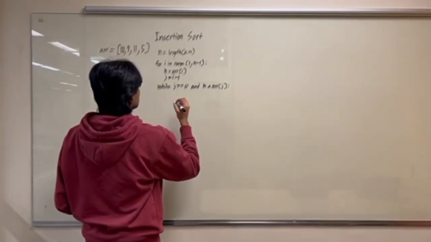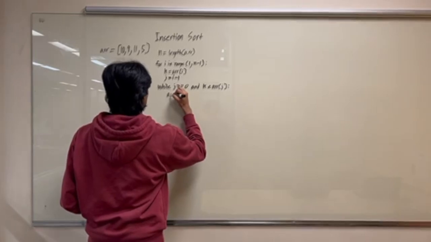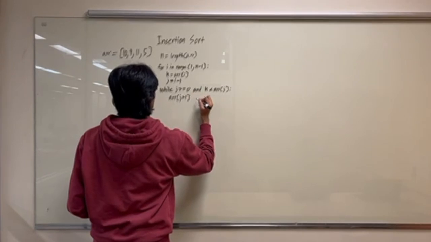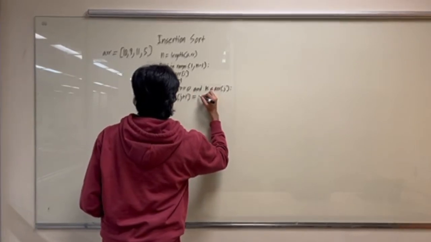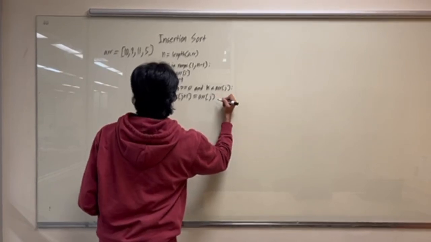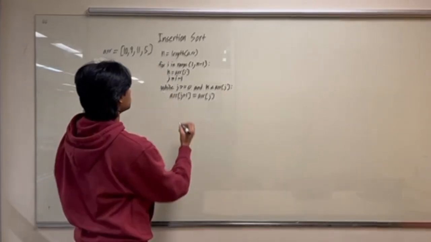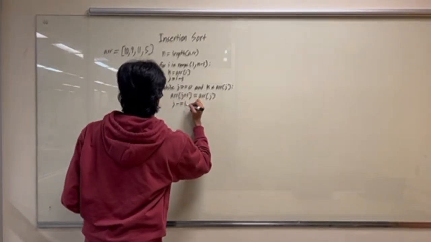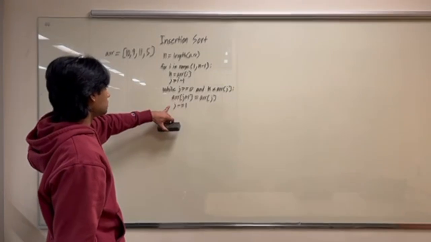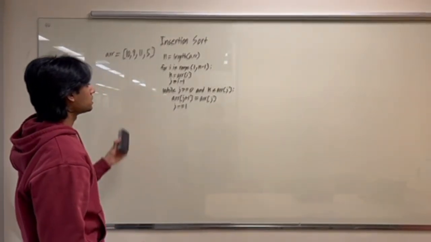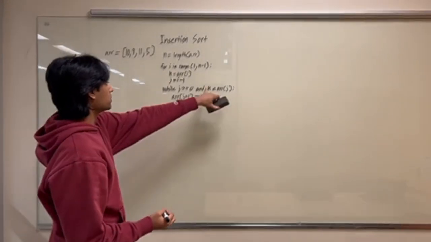So the way we're going to do this is by setting array[j+1] equal to array[j]. After this, we need to decrement j, so j minus equals 1. And the reason for this is we're only going to stay in this while loop until we find a number in the list that fulfills this requirement.